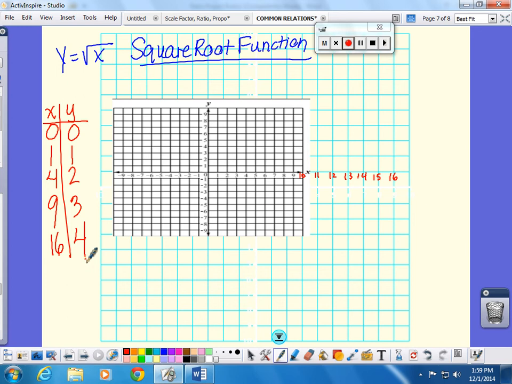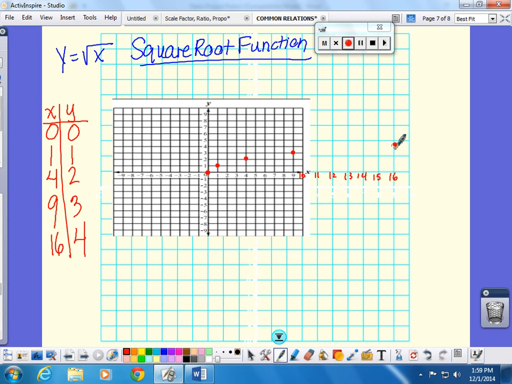Let's graph what we've got. Alright, here's 0, 0, 1, 1, 4, 2, 9, 3, and 16, 4 on this graph paper over here.